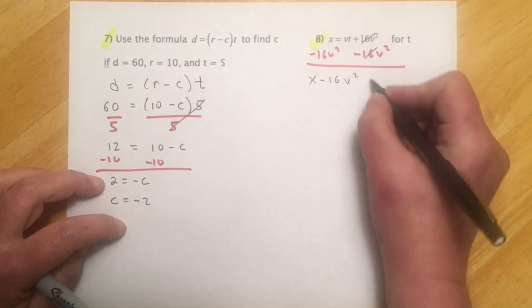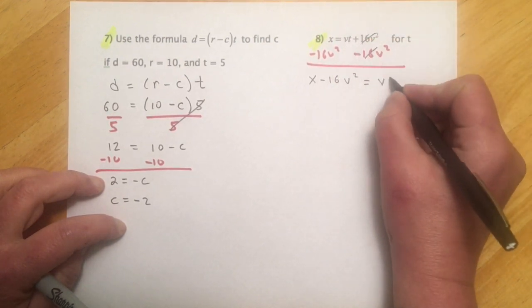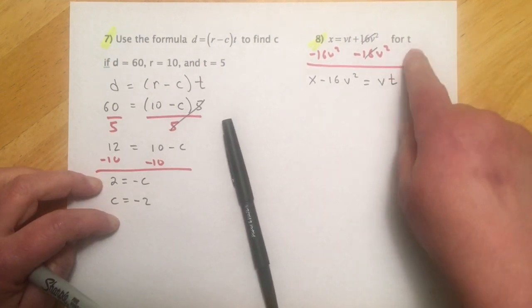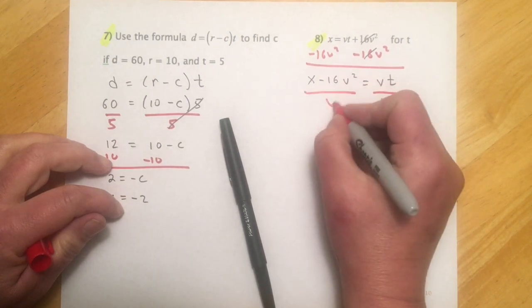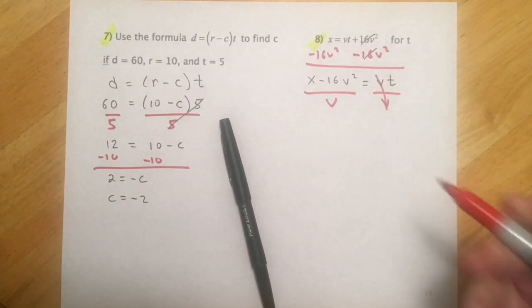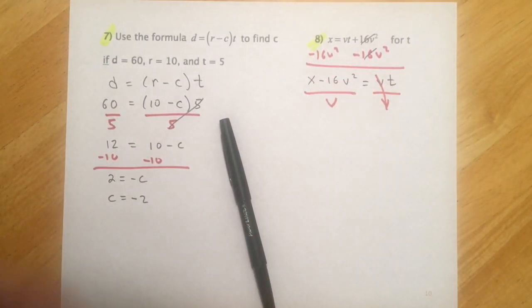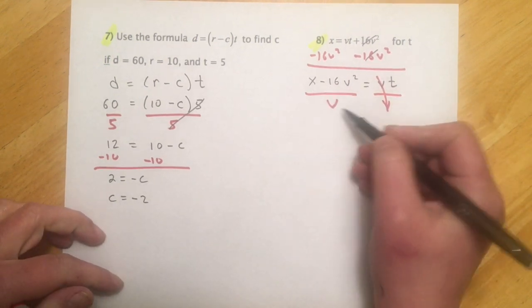Those cancel. So on this side I just have the vt. And I'm looking for t, so it means I want to divide out v. And then that would be it. Again, same thing with those v's canceling. It would have to go with the x, so I would stop right there.